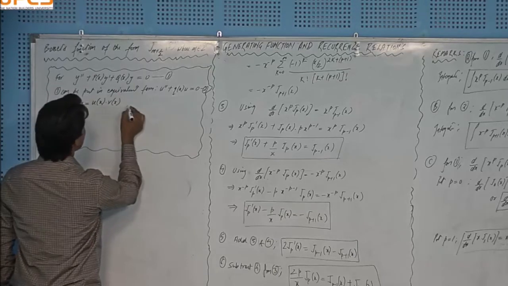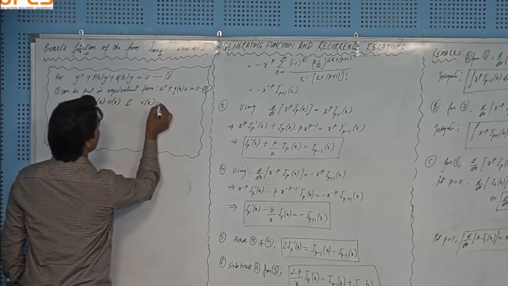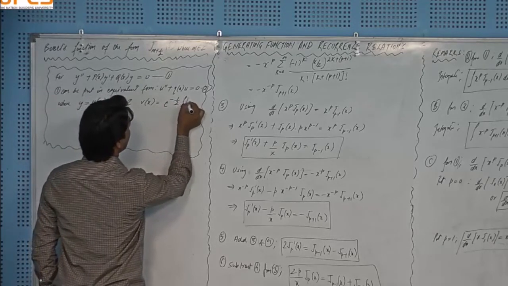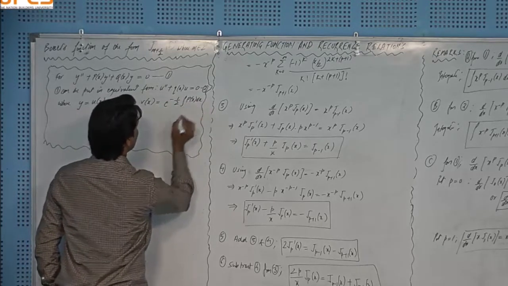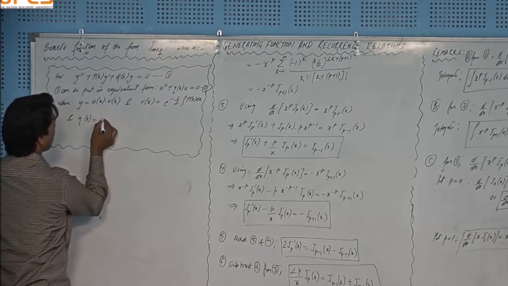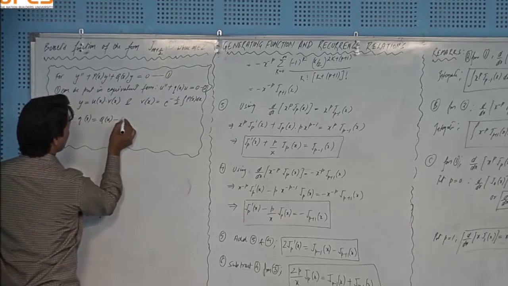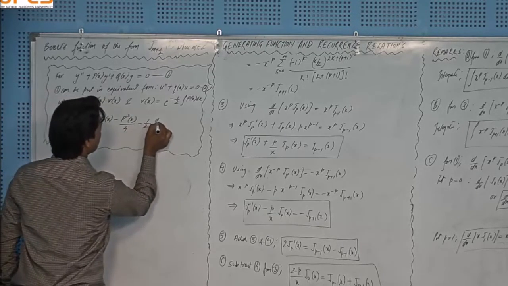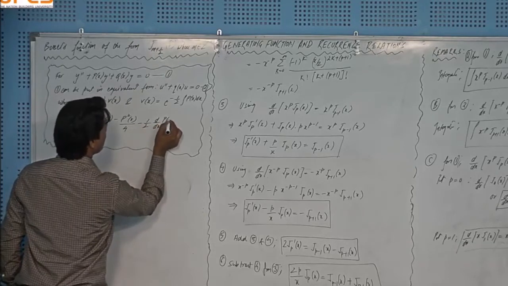And this v(x) is given by this formula. I have to write the formula, e to the minus half integration of capital P(x) dx, and this small q(x) is given by this formula, q minus p square by 4 minus half d by dx of p(x), right?